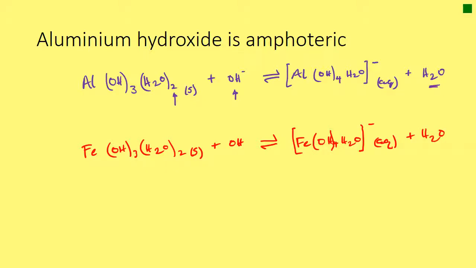So for iron 3+, iron 2+, and copper 2+, this doesn't happen. So iron 3+, iron 2+, and copper 2+ are not amphoteric, but aluminium hydroxide is amphoteric, and that's quite useful because it can be used to identify aluminium, if that's what you want to do.